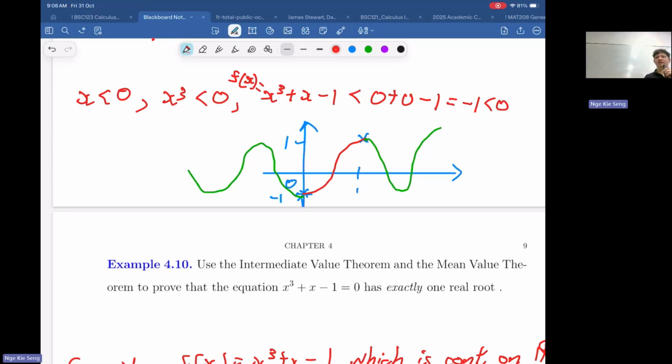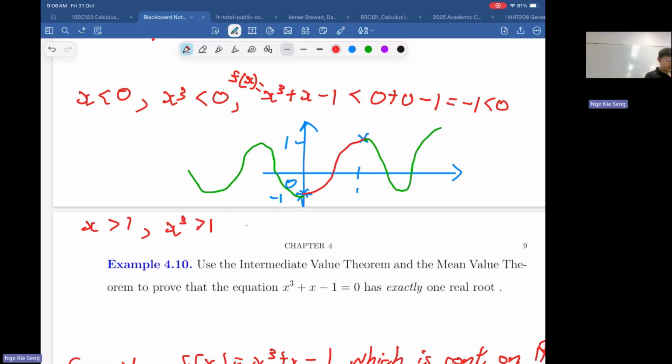So we can do another analysis, right? How about for all the x's greater than 1? If x is greater than 1, what is x cubed? It's also strictly greater than 1. Is everyone fine with this? If you have like 1.1, you take a cube, do you still get some number greater than 1?